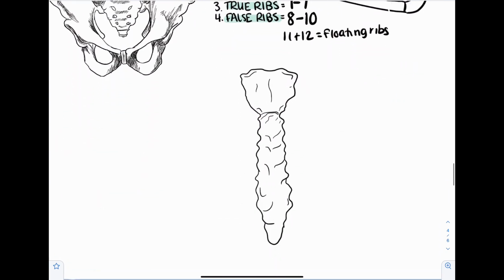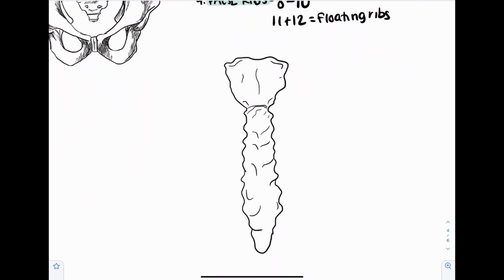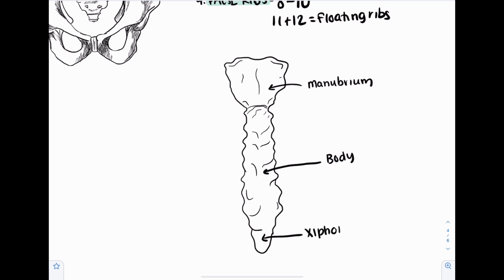Now let's look a little bit at the sternum and the different parts of the sternum. This portion right here is known as the manubrium. This is the body. And right here at the very tip is the xiphoid process. We have a few little parts that you should know. This is the jugular notch.